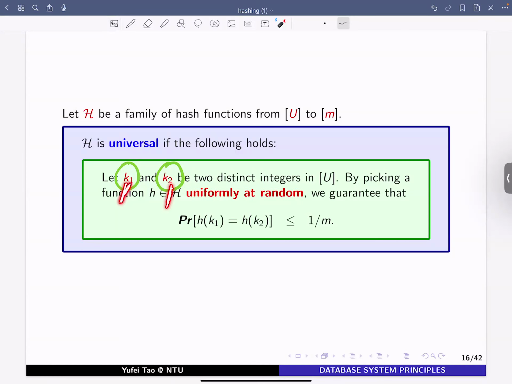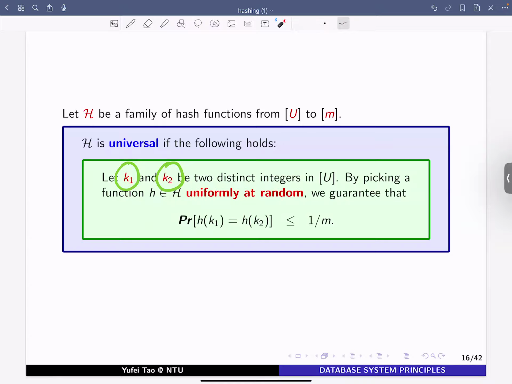If I am looking for the query and K1 and K2 belong to the same bucket, then I will have to go to the bucket to look for K1, even though K1 is not there. I still have to read something like K2, and that's not a very nice thing when it comes to the IO cost calculation.